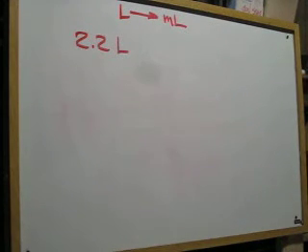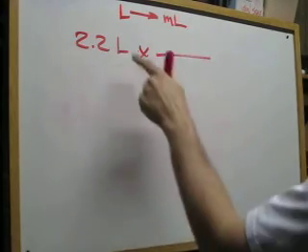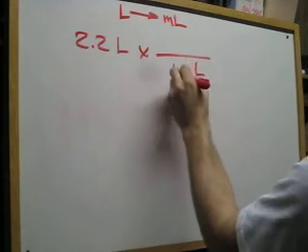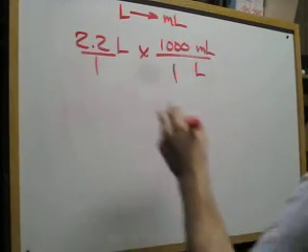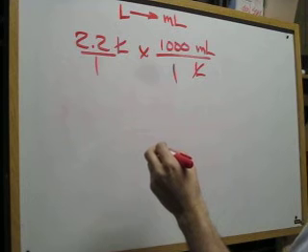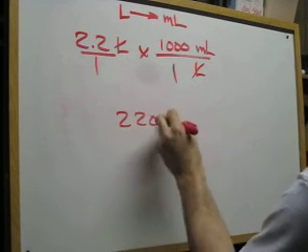Okay, so if we look back on page 583, we can start heading in that direction. Do we know anything? Is there anything in that middle column that talks about liters and milliliters? Yep, the very first one. So we've got this with a line, because remember there's no exponent, so we don't have to worry about it. So liters, there's 1 liter to 1,000 milliliters. Over 1, our liters here cancel. So we have 2.2 times 1,000, which gives us 2,200 milliliters.